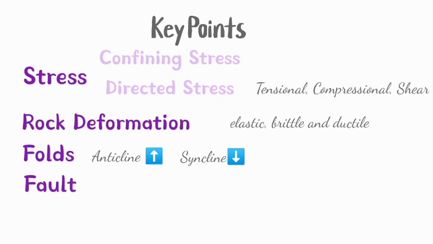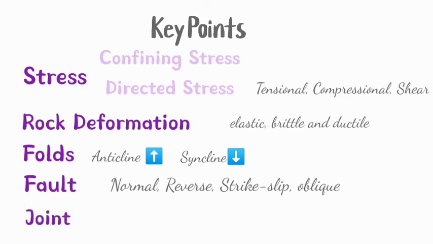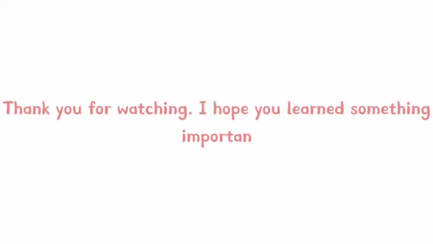Fault is a fracture or a discernible displacement where rocks grind or slide past each other. These different types of faults include normal dip-slip fault, reverse dip-slip fault, strike-slip fault, and oblique fault. Joint is also a fracture in a rock, but unlike faults, joints do not produce discernible displacement.